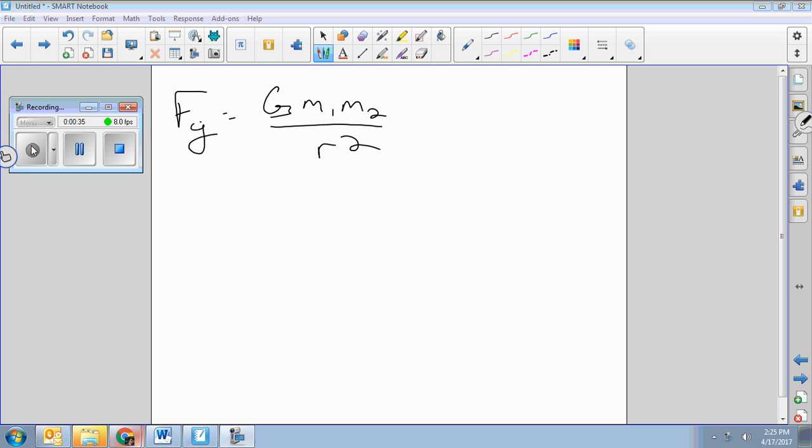From here, we were able to derive two equations. These two equations are not on your sheet. You ought to be able to use this to calculate the acceleration of gravity on a planet, right? Because the force of gravity on me on this planet is due to my mass and the Earth's mass.